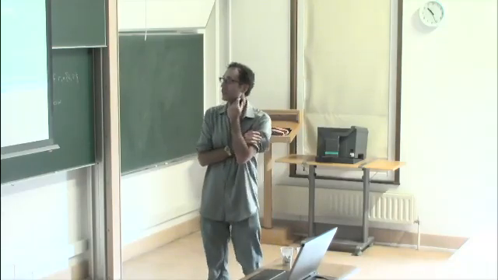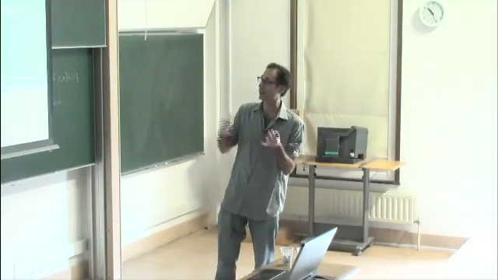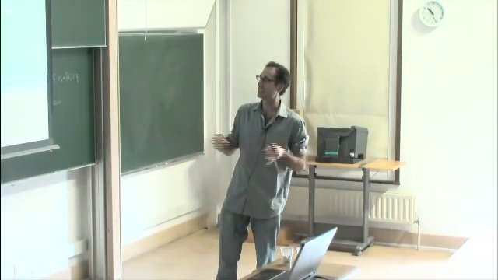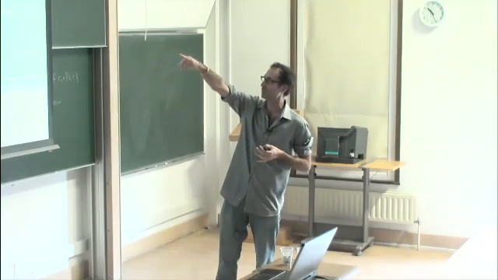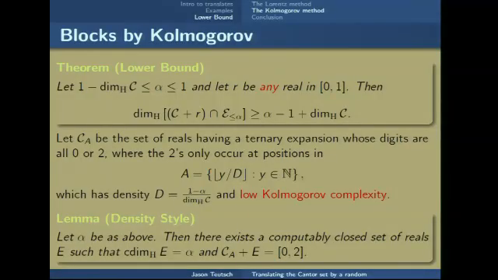So now I apply this density construction to the picture here. You take C sub A to be the set of reals which have a ternary expansion whose digits are all 0 or 2, but the 2's can only occur at positions in this set. This set turns out to have density 1 minus alpha divided by log 2 over log 3, and it has low Kolmogorov complexity.